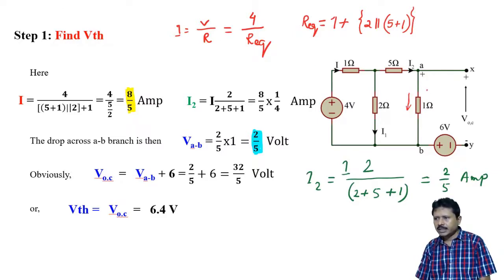As this is in downward direction, so this will be plus, this will be minus. So potential at A will be the summation of these two because this is plus minus plus minus. So ultimately we got a value 6 plus 2 by 5, that is 32 by 5. This 32 by 5 is our required VTH. 32 by 5 is equal to 6.4 volt.